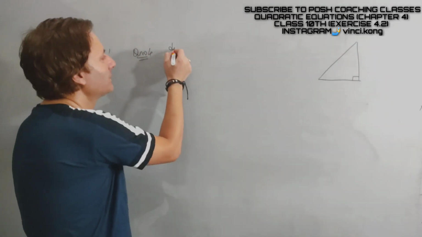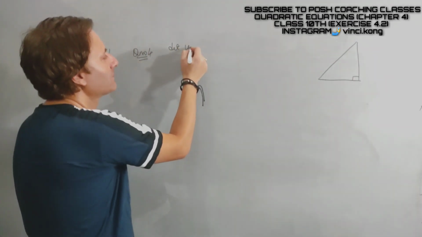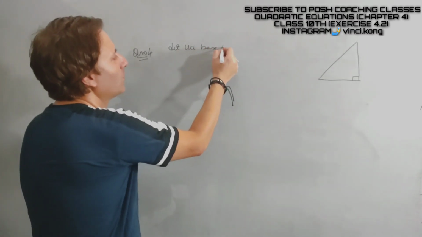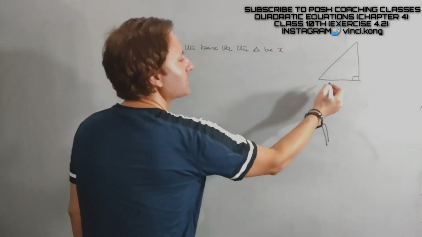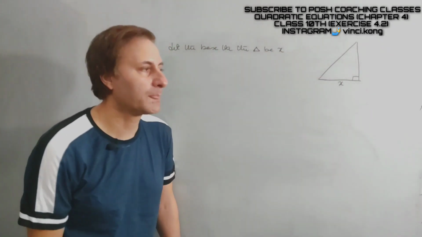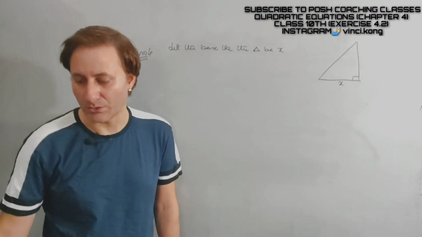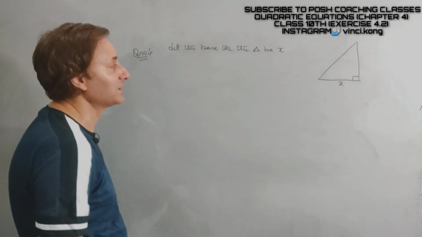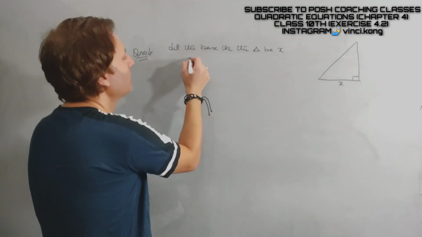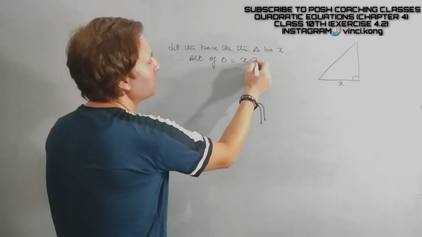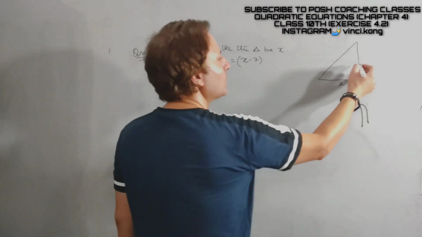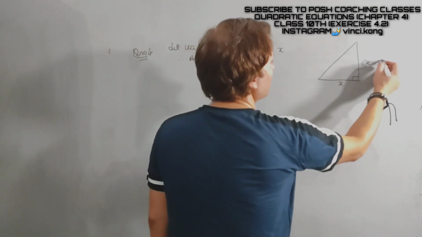I'll say let the base of the triangle be x. Now what does it say? It says the altitude of the right triangle is 7 centimeters less than its base, so the altitude of the triangle is x minus 7.